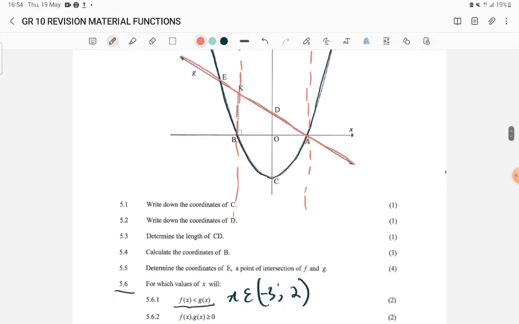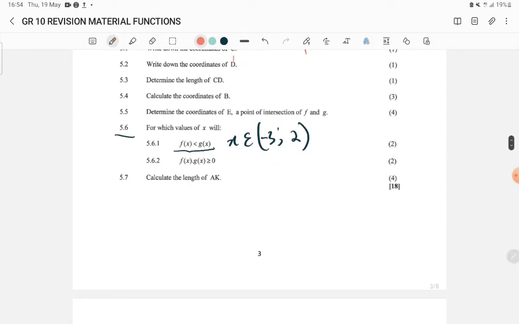Now you can see that when we talk about f(x) times g(x) being greater than or equal to 0, we mean like these two graphs. For example, if you have 2 times 2, you get something that is greater than 0. And if you have -2 times -2, you also get something greater than 0.